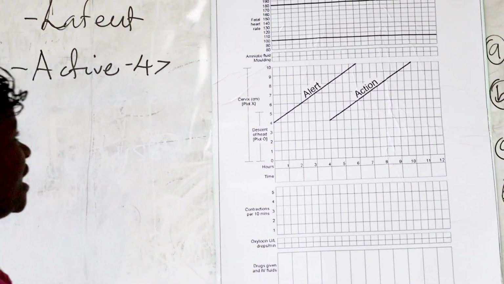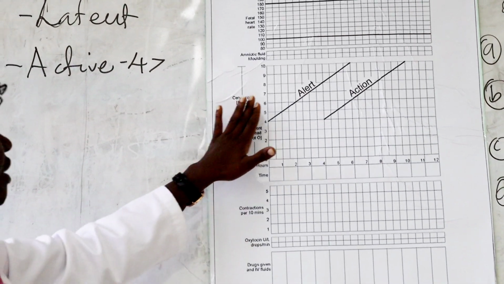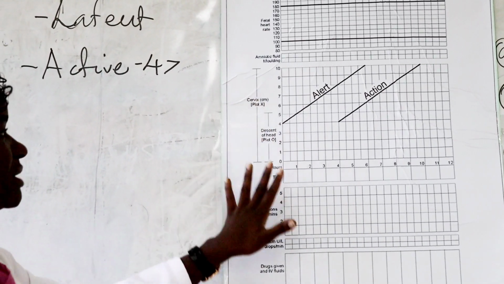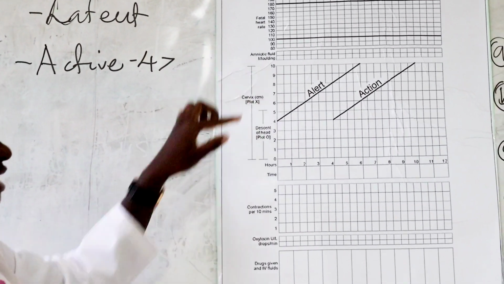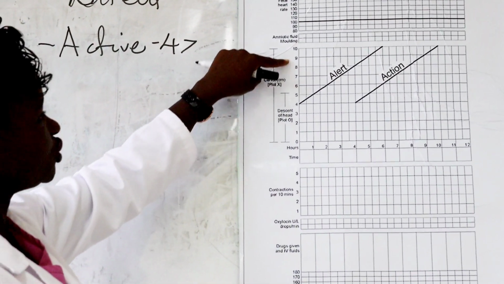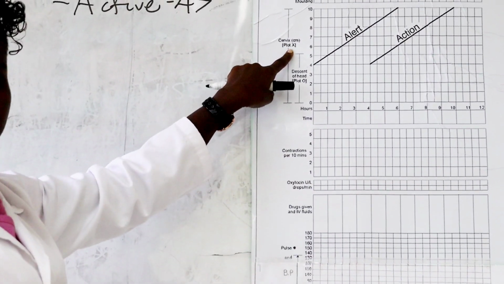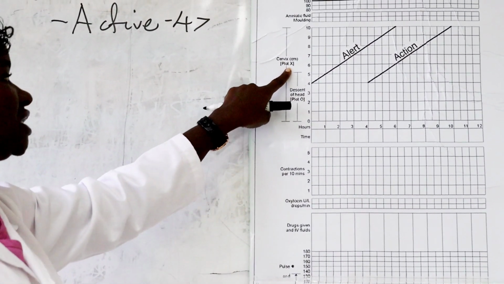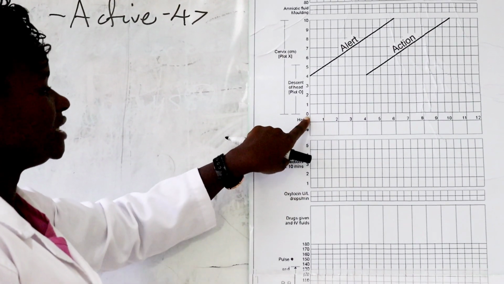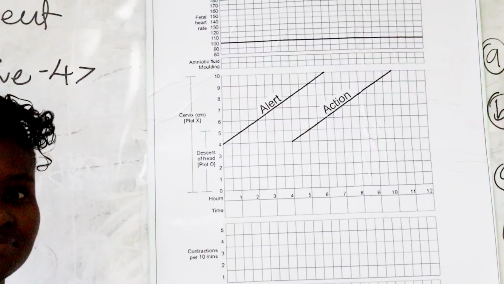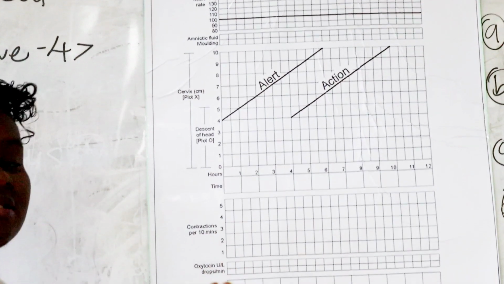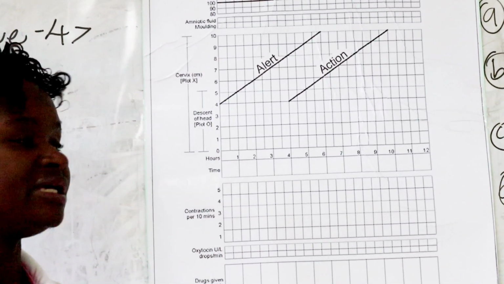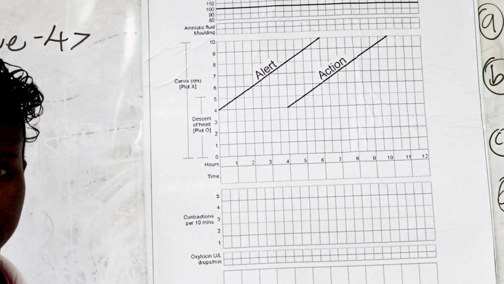Listen carefully. When you look at this partogram, you realize that this section here where we have the cervix is where we plot the cervical dilatation, indicated from 0 to 10. We all understand that cervical dilatation is normally from 0 to 10 centimeters.